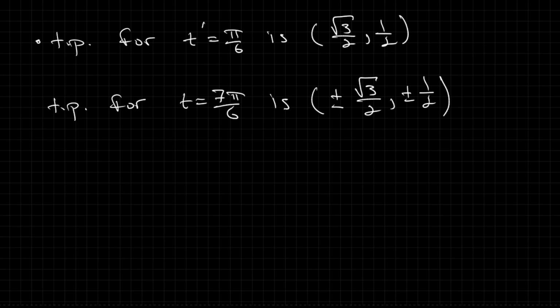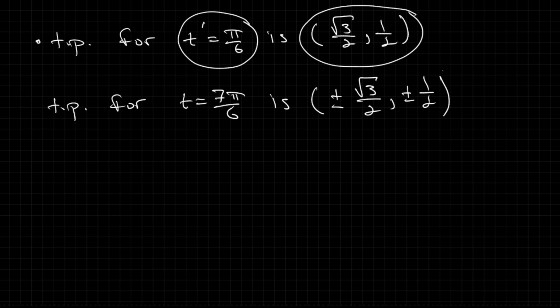This is what will happen every time. If you figure out what the reference angle is, then you write down what the terminal point for that reference angle is, and then the terminal point for your original question will be plus or minus the terminal point of the reference angle. Now, 7 pi over 6 is in quadrant 3.